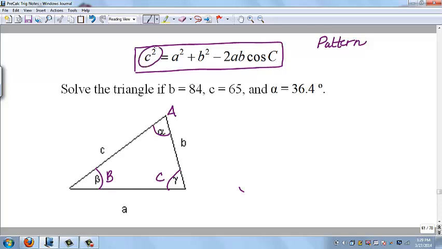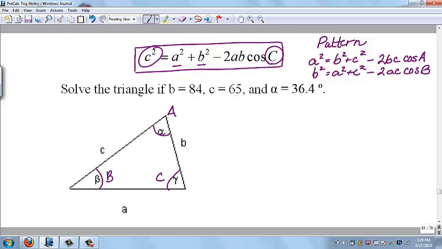So a squared equals b squared plus c squared minus 2bc cosine of angle A. Same pattern. Or b squared equals a squared plus c squared, the other two sides, minus 2ac cosine B. You can write it three different ways, or use different letters if your triangle has different letters.